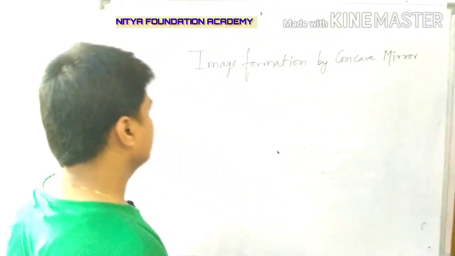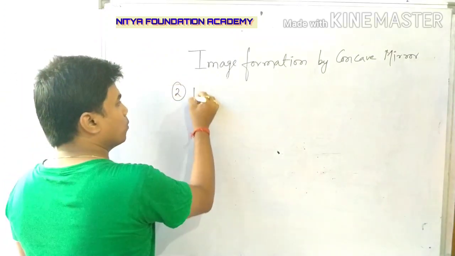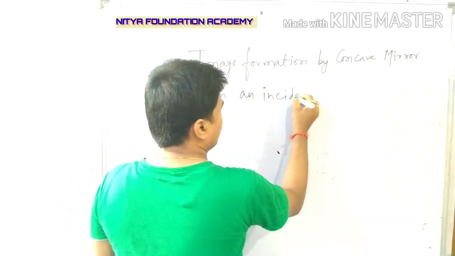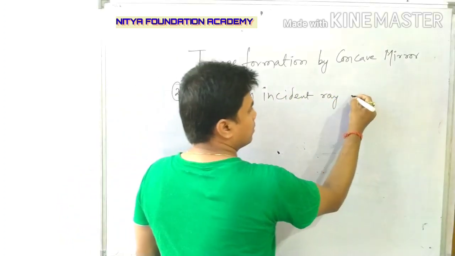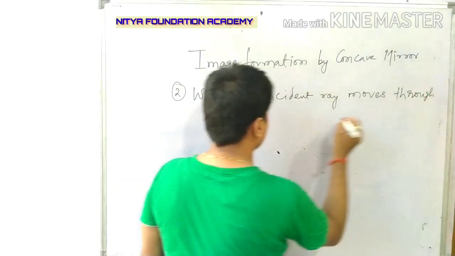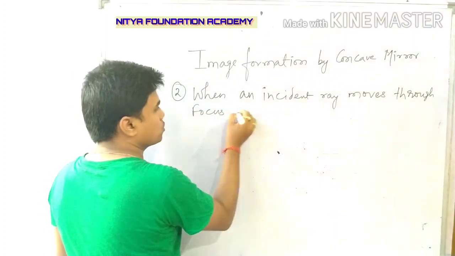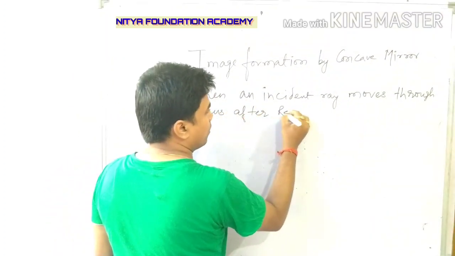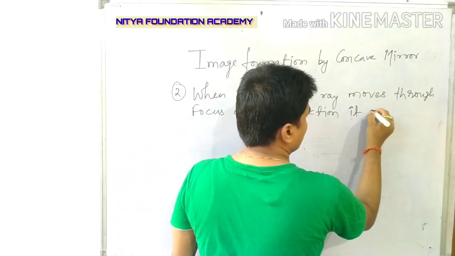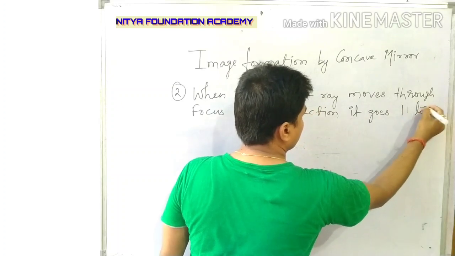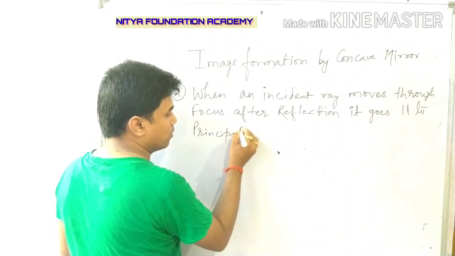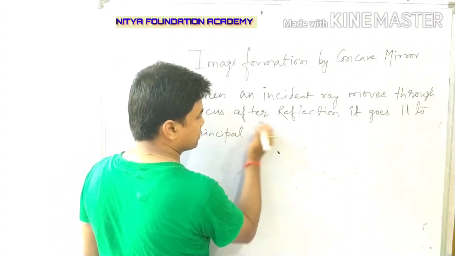Rule number 2: when an incident ray moves through focus, after reflection it goes parallel to the principal axis.